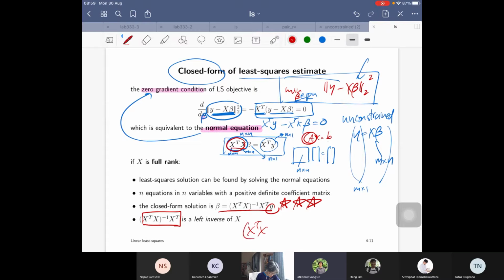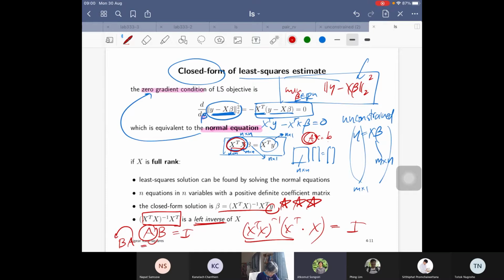It is called a left inverse because if you multiply x on the left-hand side, what do you get? Identity matrix. In mathematical terms, if A is the left inverse of B, it means that you multiply A with B on the left-hand side, and then it equals I. Of course, there's a term called right inverse. It means that A is a right inverse of B if you multiply A on the right-hand side of B, you get identity matrix.